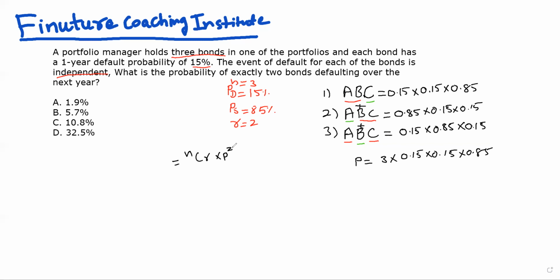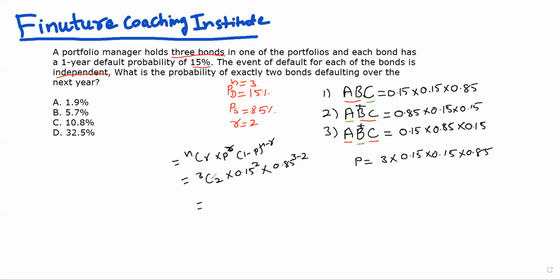So it is P raised to r, and (1 minus P) raised to n minus r. If you put in all these values, n is 3, r is 2, the probability of default is 0.15, and 1 minus P, the probability of surviving, is 0.85 to the power n minus r, that is 3 minus 2.